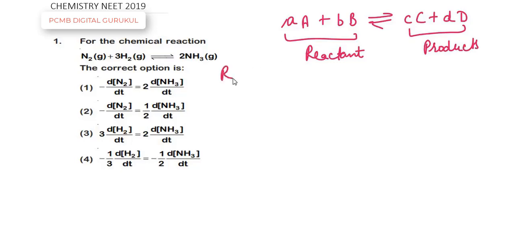So the rate of this reaction can be expressed by the decrease in the concentration of reactant and the increase in the concentration of product.